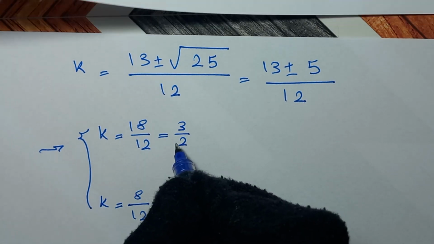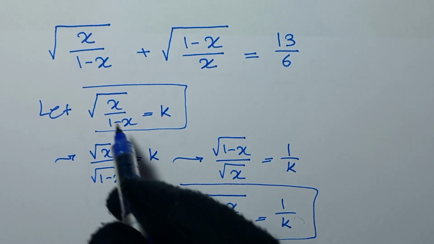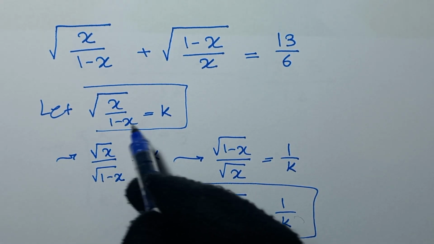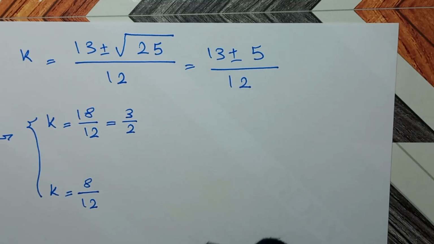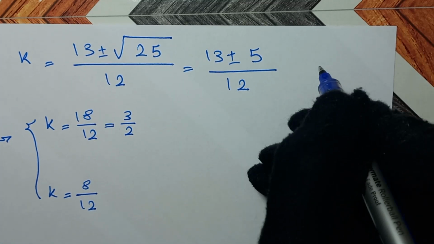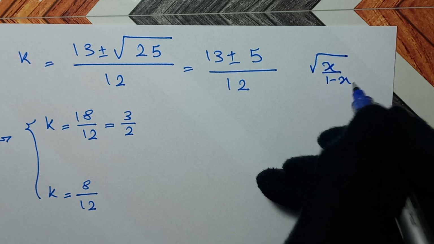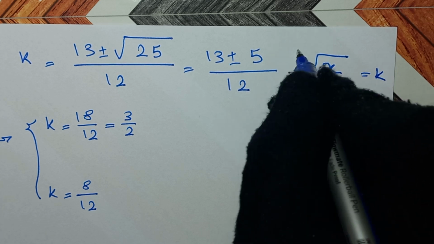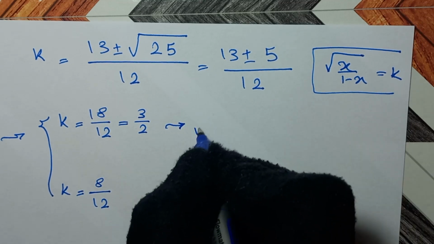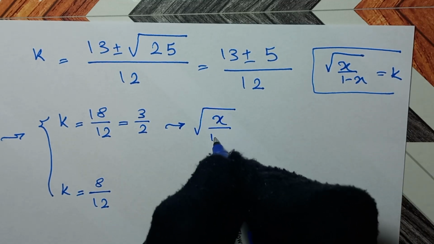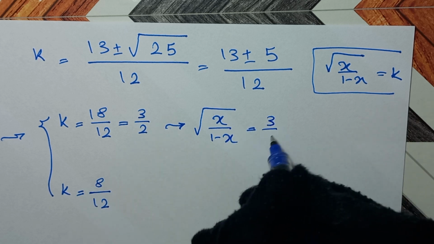And we recall that square root of x over 1 minus x is equal to k, and k is 3 over 2, right?